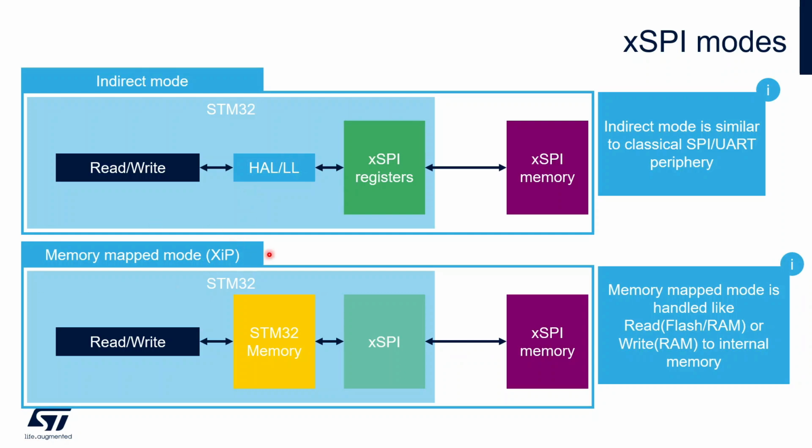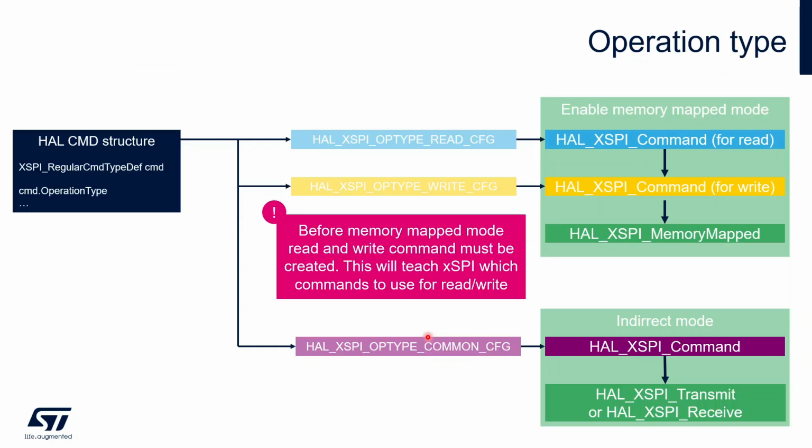And there is the memory map mode, where the XSPI automatically sends the commands, and the internal memory space of the microcontroller is used when we want to read or write. It's automatically translated by the XSPI into the memory. For this reason, we need to tell the XSPI with this operation mode which operations or commands will be used for reading and for writing. In this case, the operation type for the indirect mode is the common operation mode.